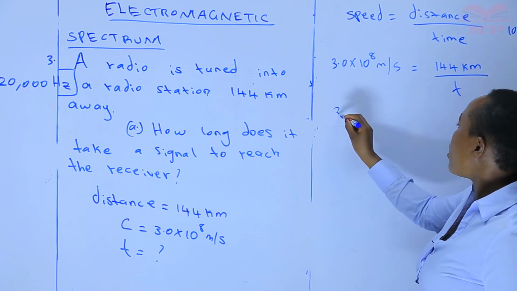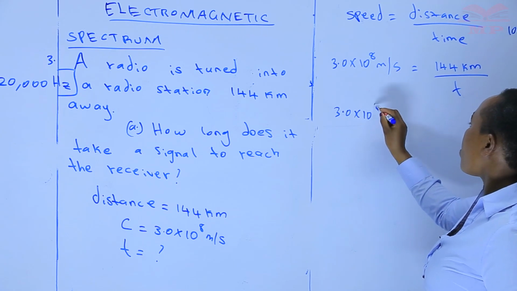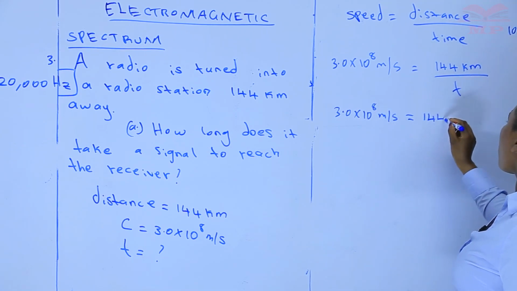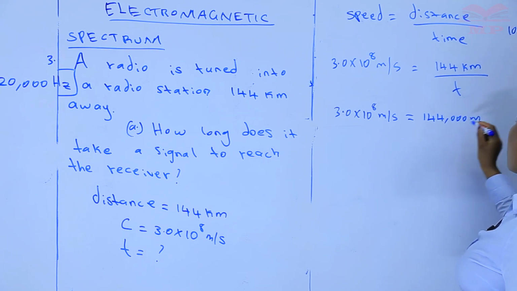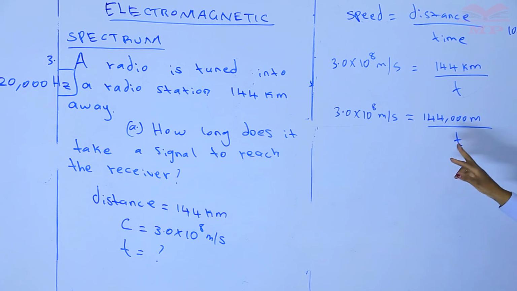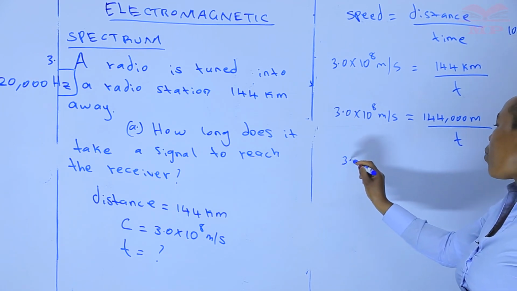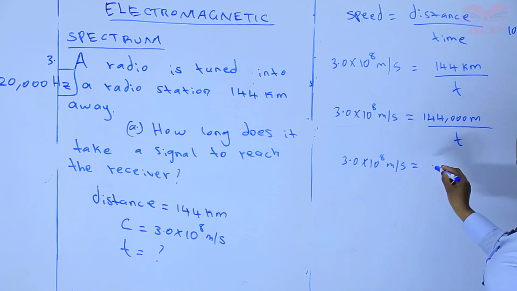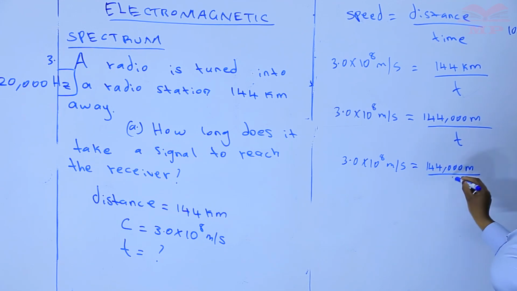So we have 3.0 times 10 power 8 meters per second is equal to 144,000 meters all over the time taken. So we want to get the value of time.